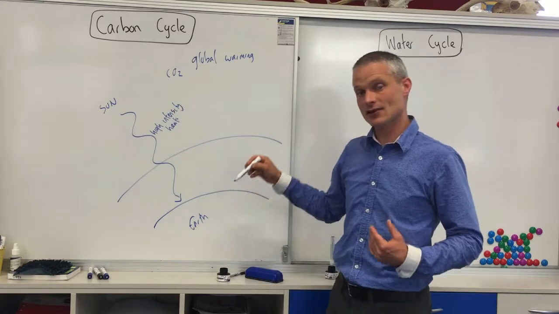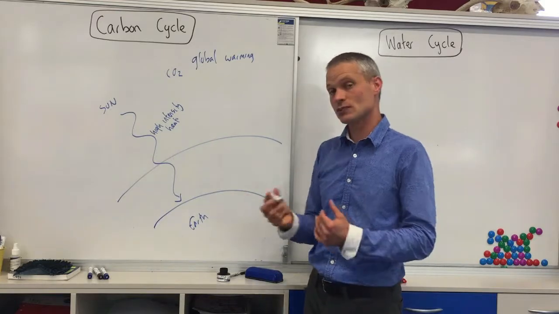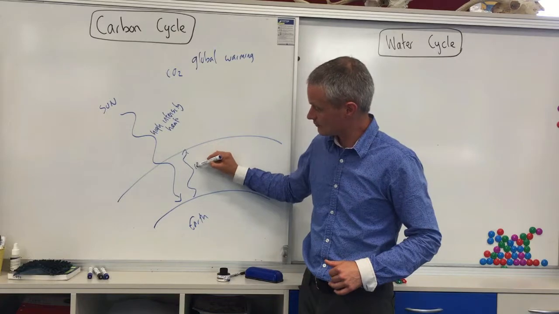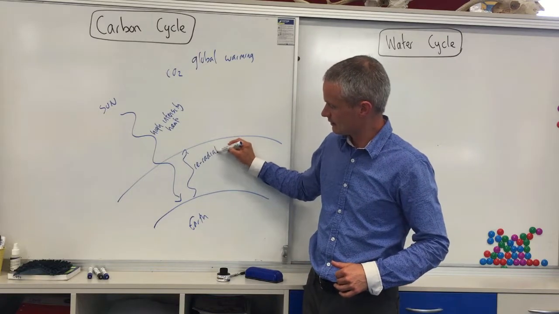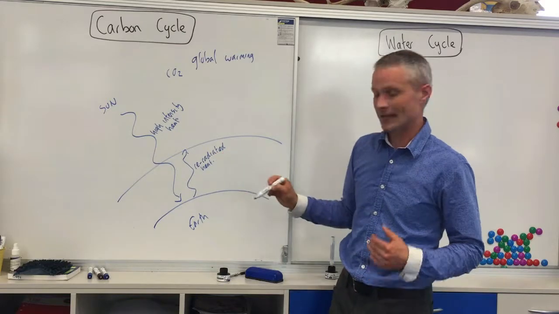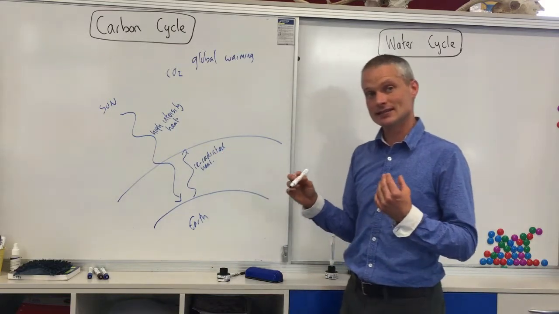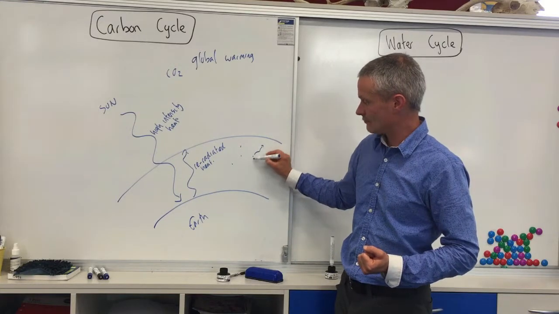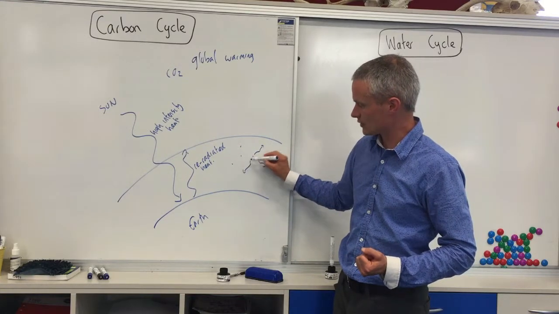And as it hits the Earth and the oceans, they absorb that heat and re-radiate it out. So this is re-radiated heat. A lot of that heat is absorbed by the gas molecules in the atmosphere and re-scattered in all directions.